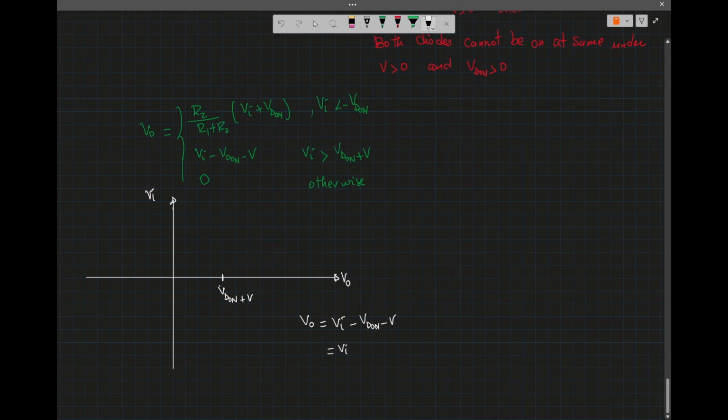So essentially it's VI minus VD on plus V. So it's in the form mx plus b. So m equal to 1, right? So 1, that's m. And this is the b, right? So if I have V plus VD on, then the slope will be equal to 1 in this case.